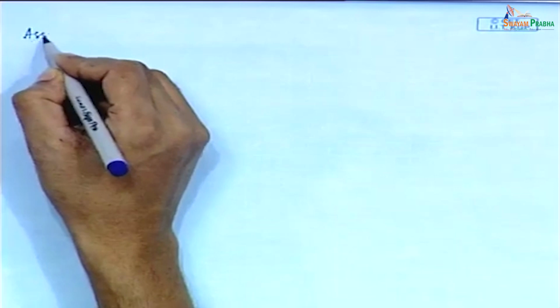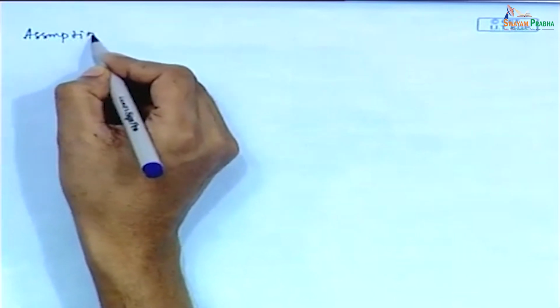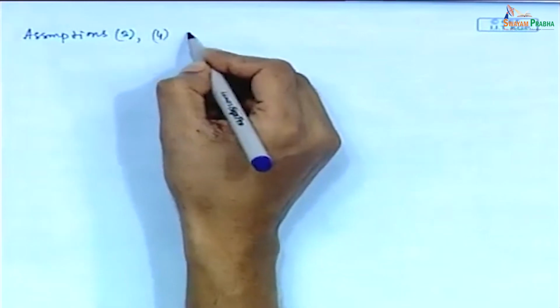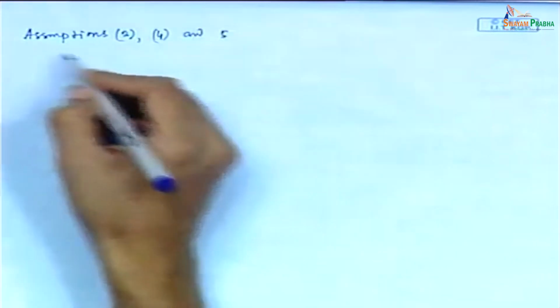So, based on these 10 assumptions, we will develop the model for the binary distillation column. Now, let us revisit assumptions 2, 4 and 5.